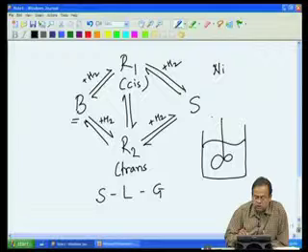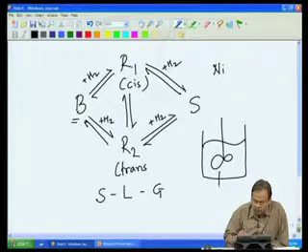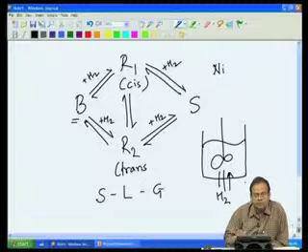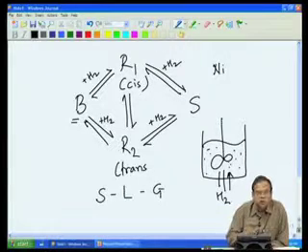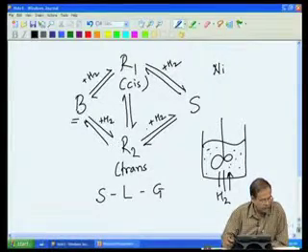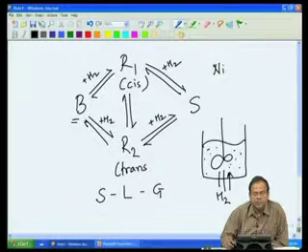So, there is no addition or removal of oil, but we are continuously bubbling hydrogen, and there are catalyst particles because of which these set of reactions are taking place.